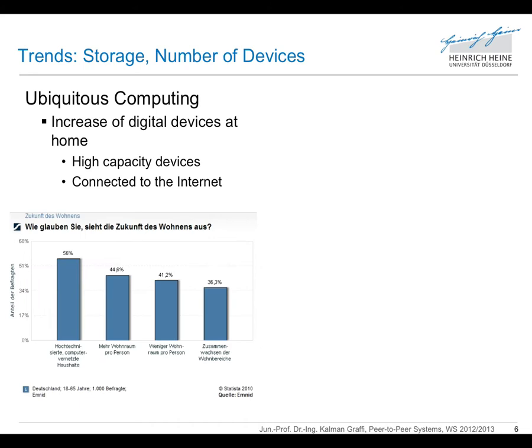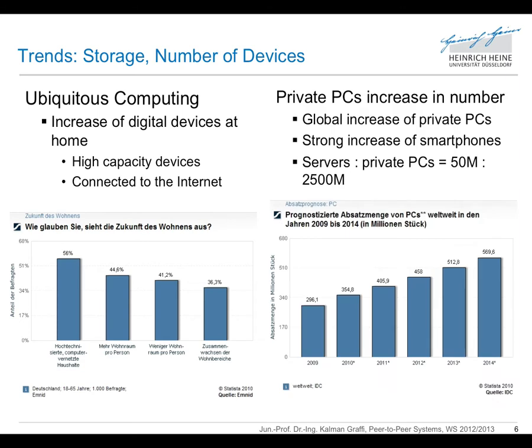And what also happens, ubiquitous computing is the topic. So if people ask how the future will look like, they say, okay, we will have more and more devices at home that are connected. So what also increases is not just the computational power and the bandwidth, but also the number of devices per person.